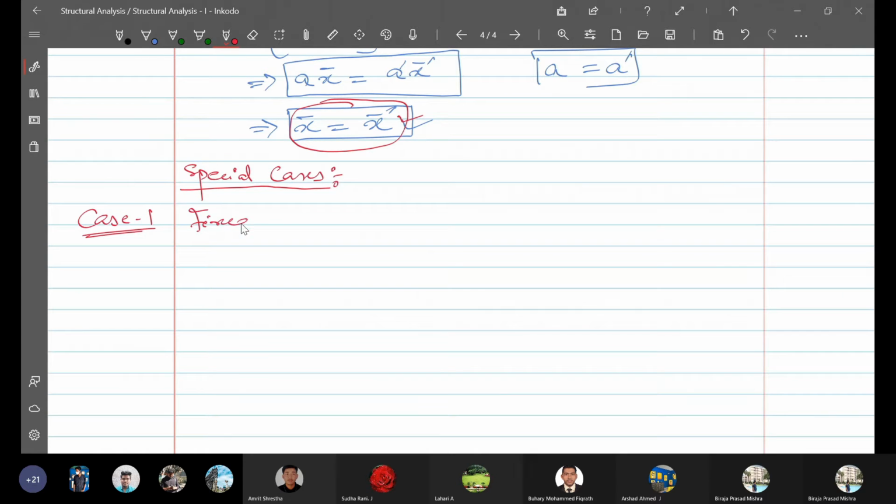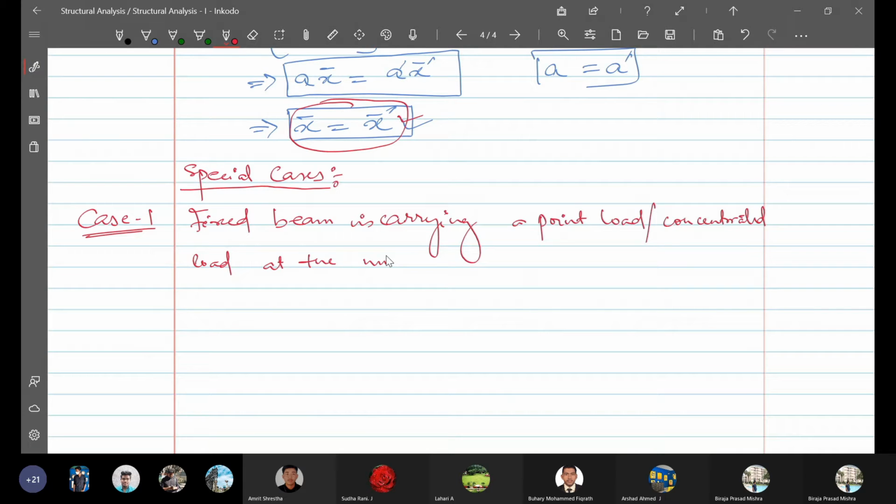Fixed beam carrying a point load, or you may call it a concentrated load, at the midspan or at the center.